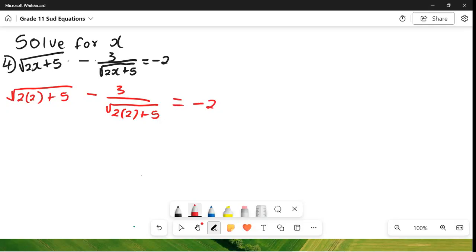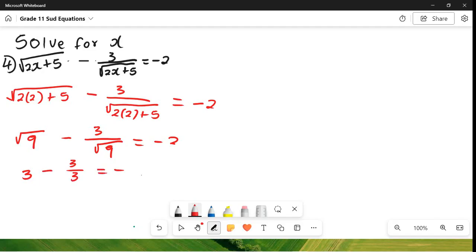So what is 2 times 2? 2 times 2 is 4. 4 plus 5, we have the square root of 9. The square root of 9 equals 3. So we have 3 minus 3 divided by 3.